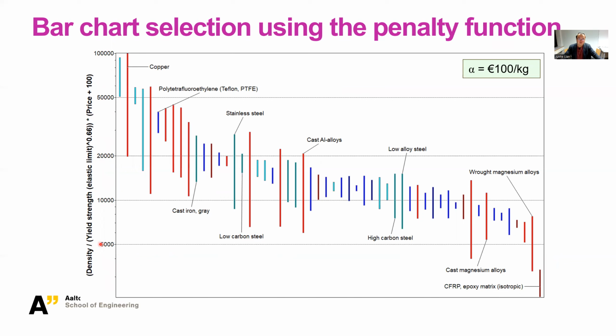This is exactly what we have plotted according to the equation before, and alpha is 100 euros per kilo. And you can see if you just list it as we're looking for the minimal, here you can find the RP is the best one.